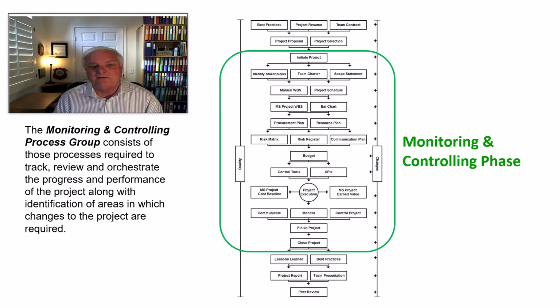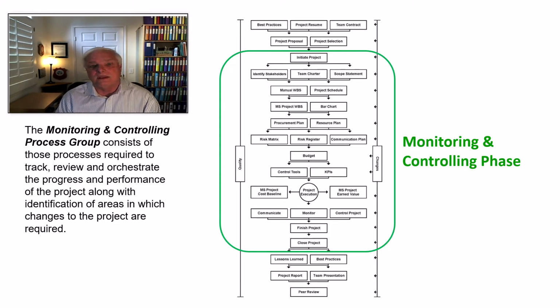All of these are interconnected, and once again, remember, changes are constantly happening, especially in the monitoring and controlling phase, because we want to make sure that if something is changing, we're aware of it, or if we're implementing a change, we understand where it's going and what's happening.